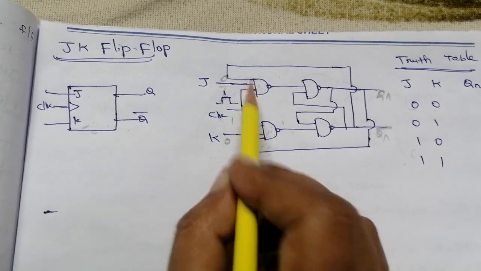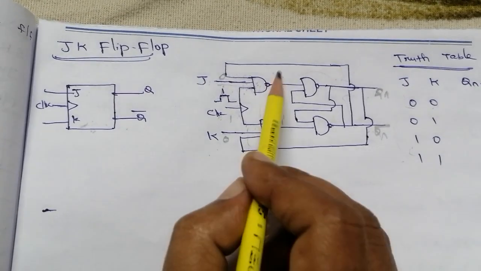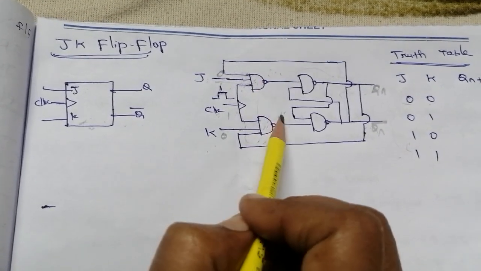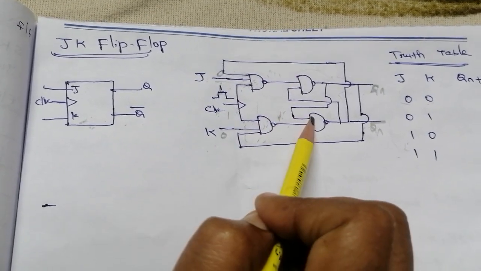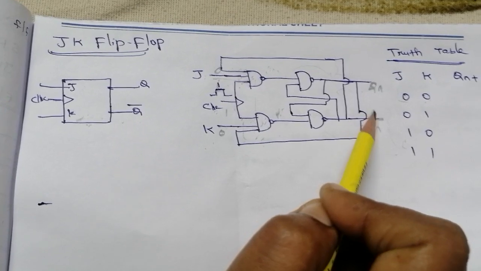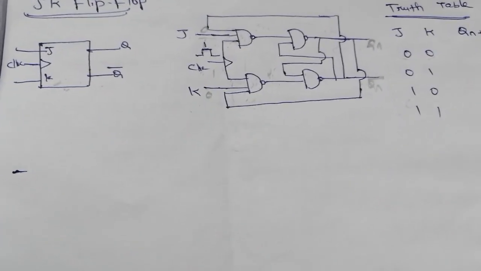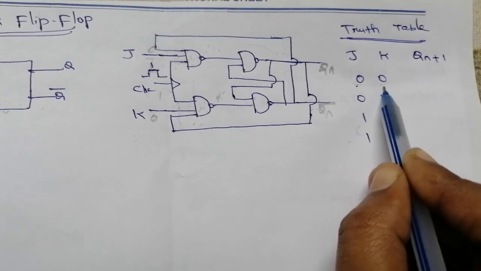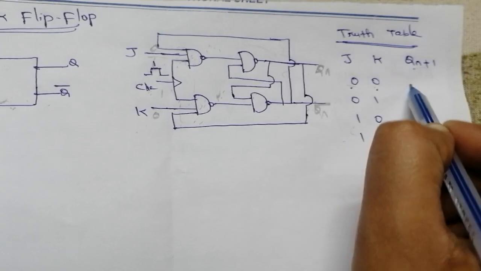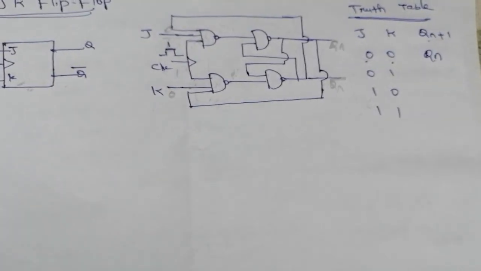One input of the NAND gate being 0 means the output is 1, right? So both outputs are 1. The 1-1 combination in the SR NAND latch provides the next state as the same Qn, that is, no change. So in a JK flip-flop, for the 0, 0 input condition, our next state will be the previous state, which means no change condition, Qn, right?